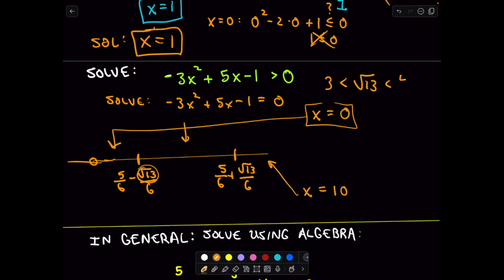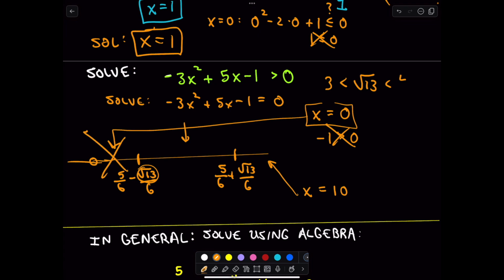And let's test 0. Notice the first two terms would simply be equal to 0. 0 plus 0. And I know that negative 1 is not greater than 0. So this interval does not work.